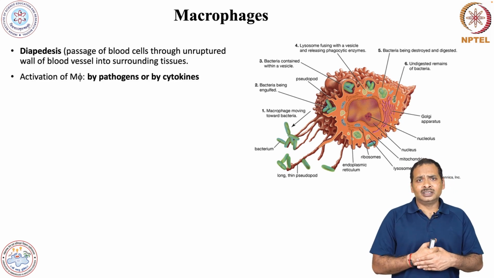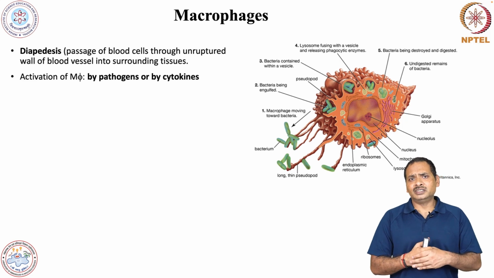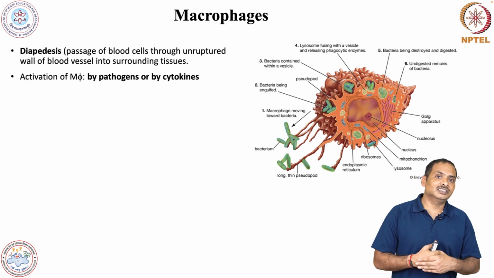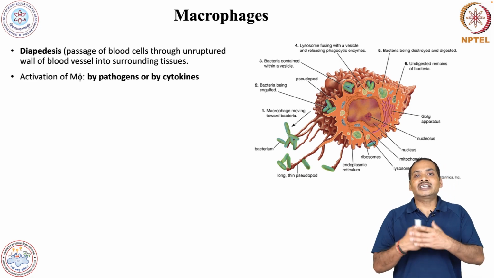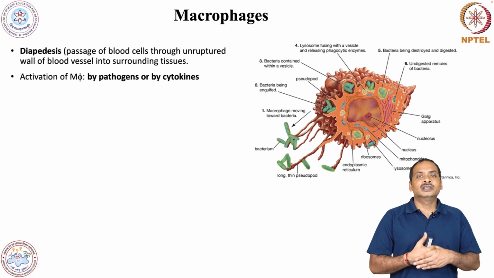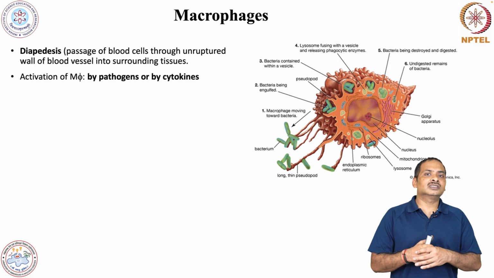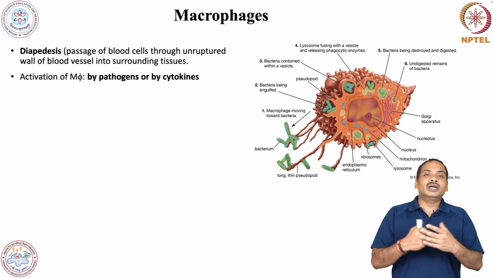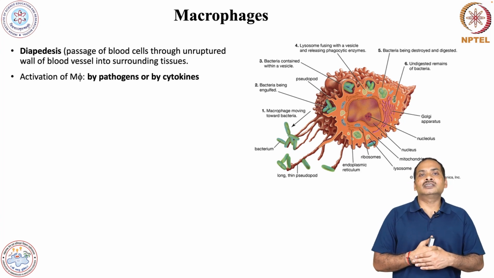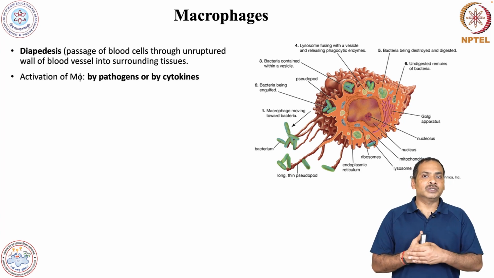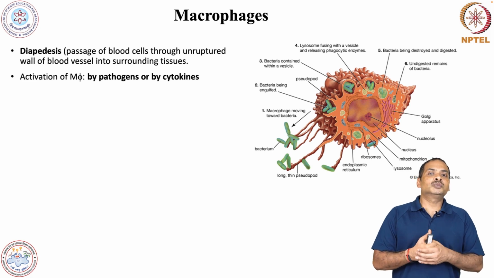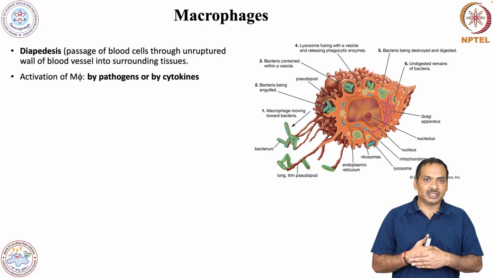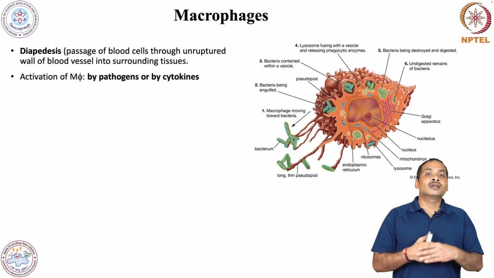There are two major states of macrophages: one is the resting stage and the other is the activated stage. Let me explain what activated macrophages are. Activated macrophages show some unique properties. One is that they produce a lot of inflammatory cytokines.